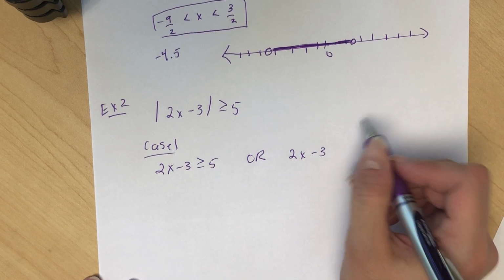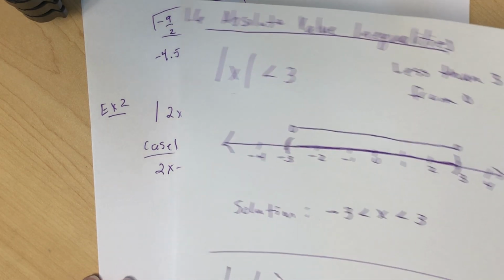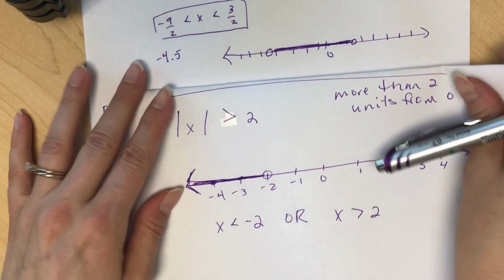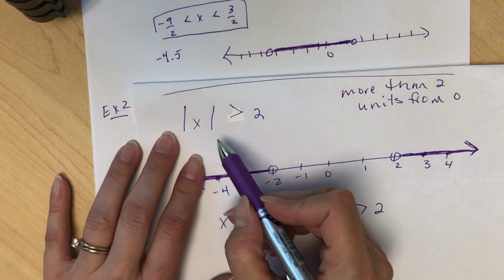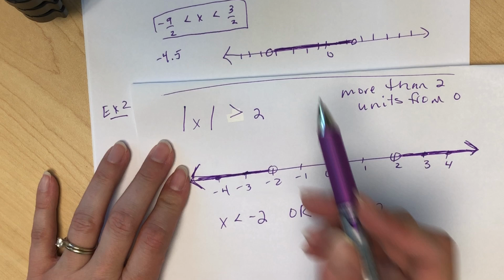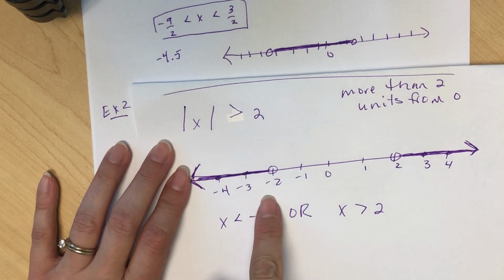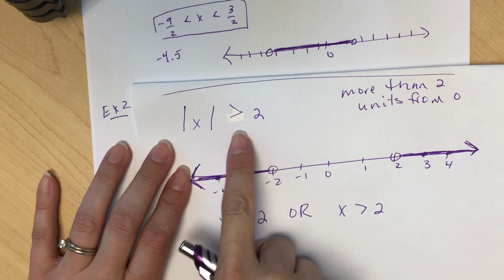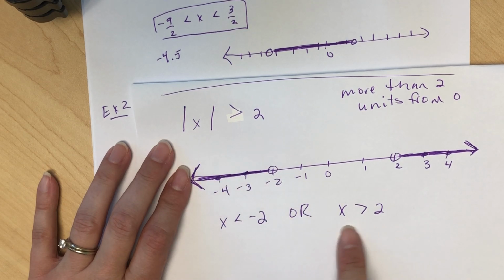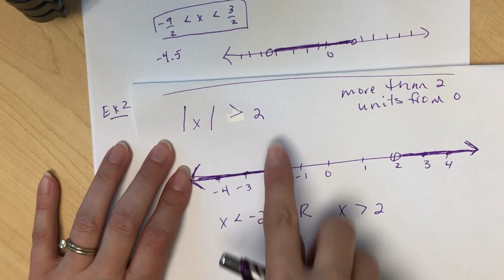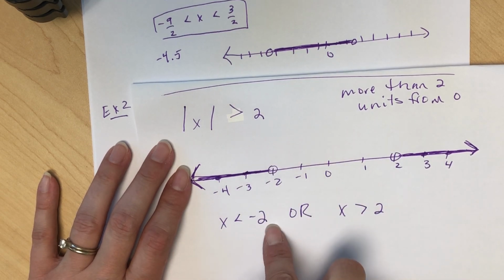And this time, if you go back and look at the example we did before, this was our basic absolute value greater than a number. We dropped the bars for the first case to get x is greater than 2. And over here, we dropped the bars, but then we actually ended up flipping the inequality and taking the opposite of the constant.